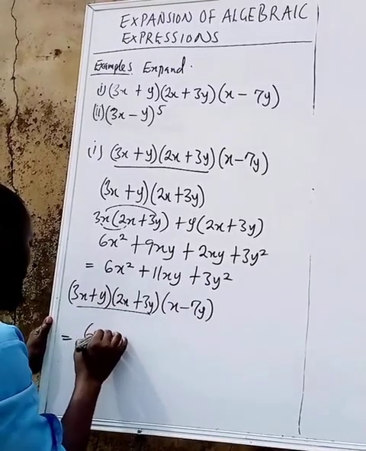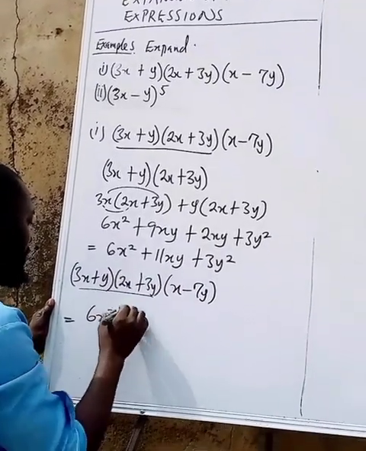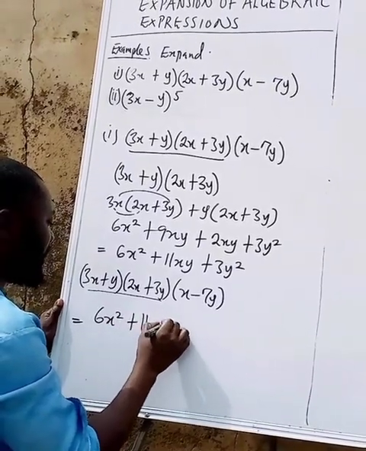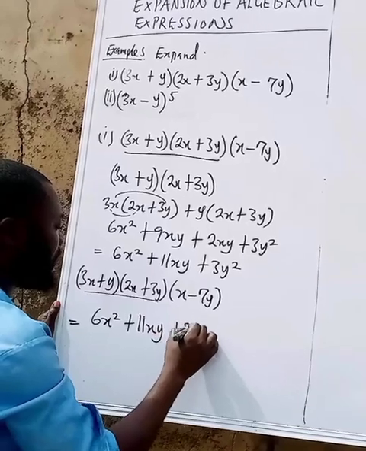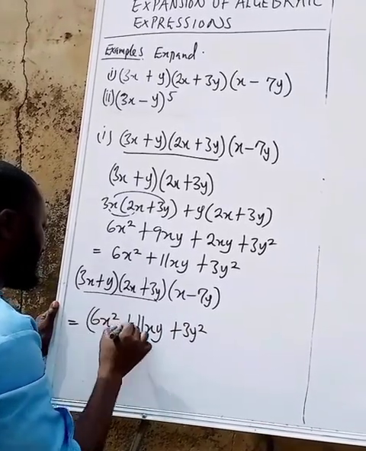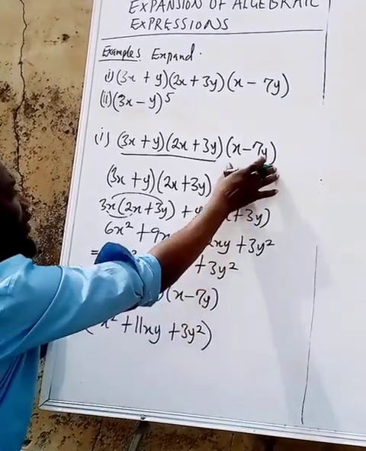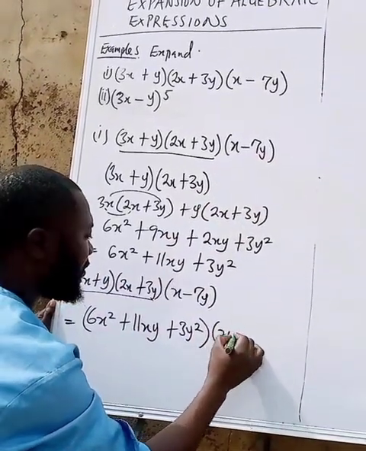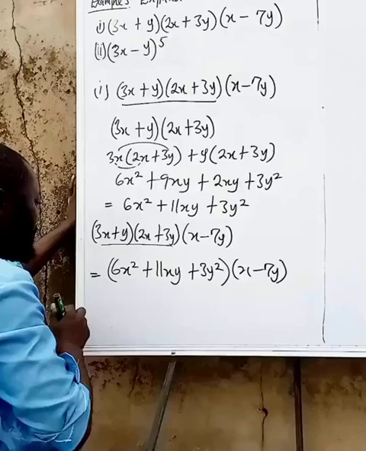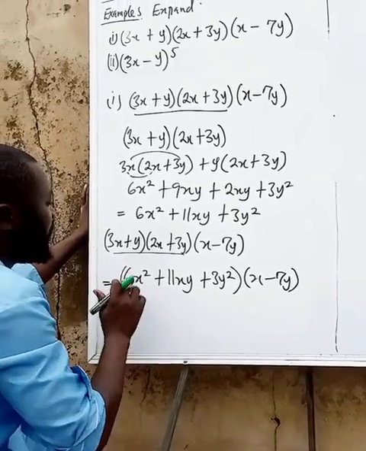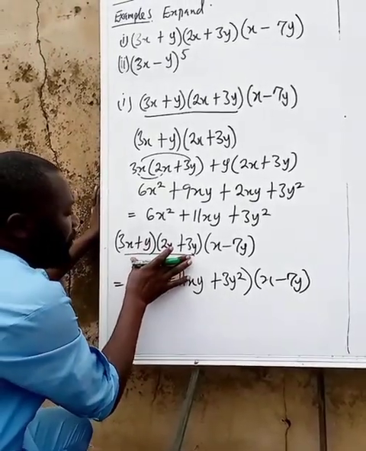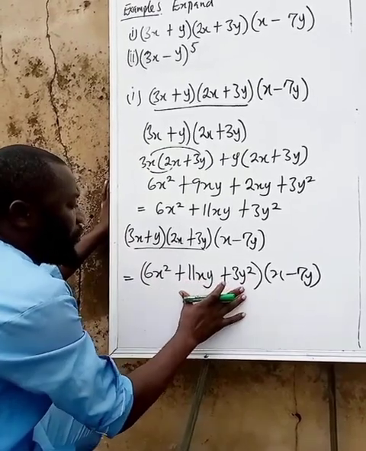So that is 6x squared plus 11xy plus 3y squared, multiplied by this x minus 7y.